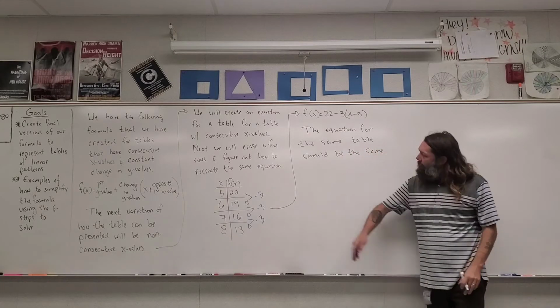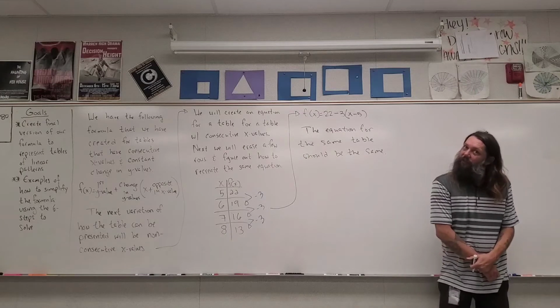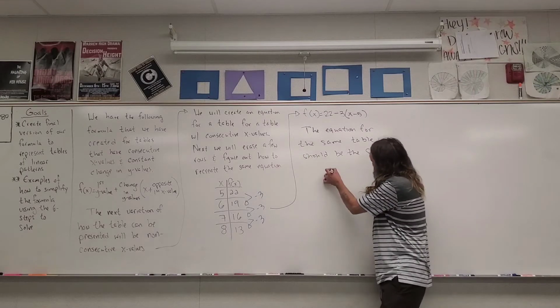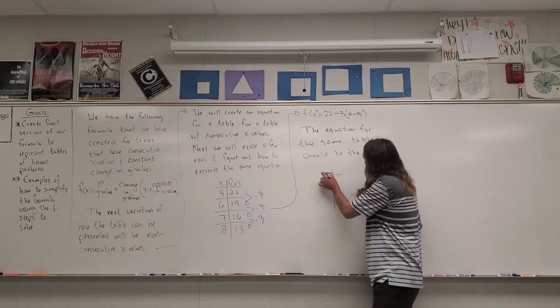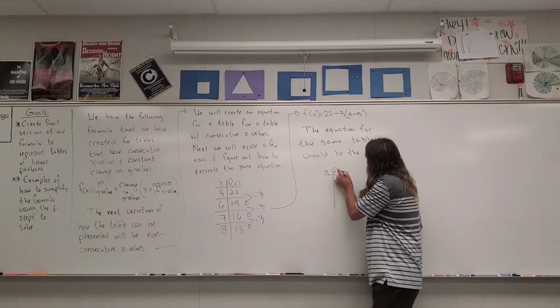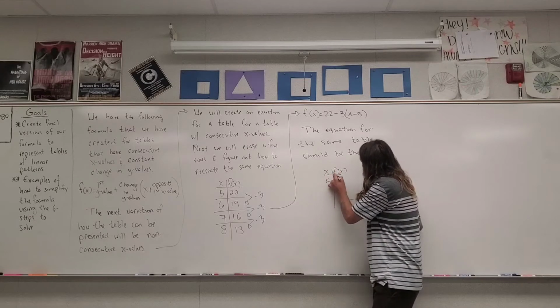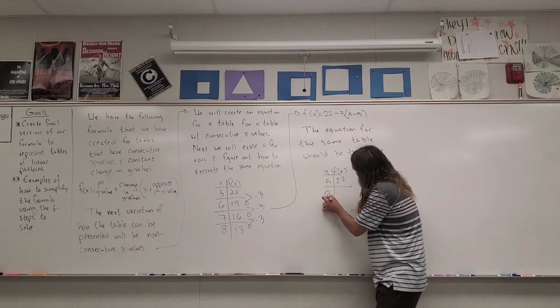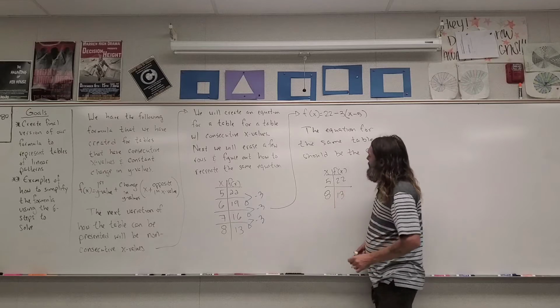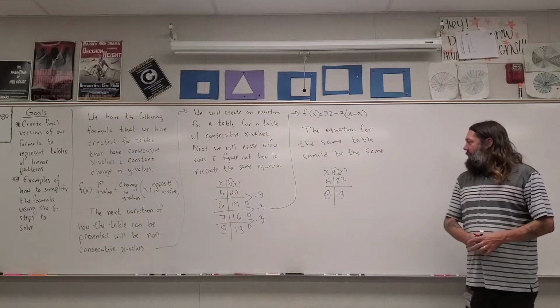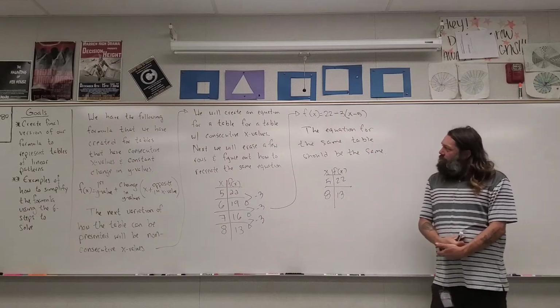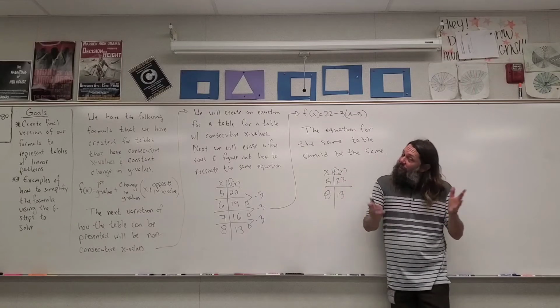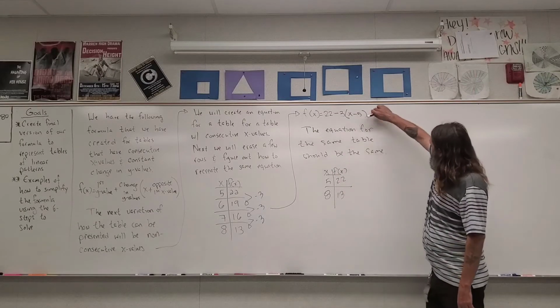Okay, so let me modify this table so we have non-consecutive x values. And so our table now is going to look like this. We'll go 5, 22 and we'll jump to 8, 13. So let's use what we have and let's see if we can make it match our equation that it should be.